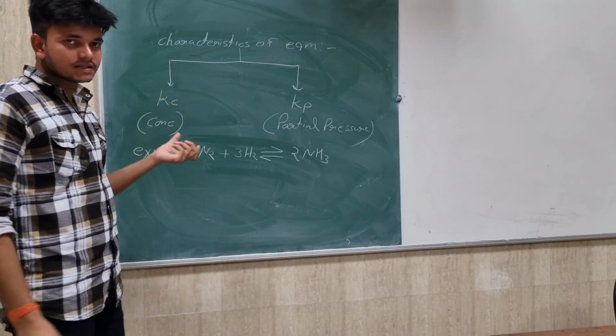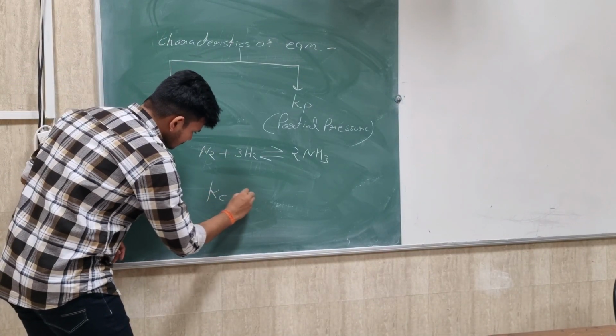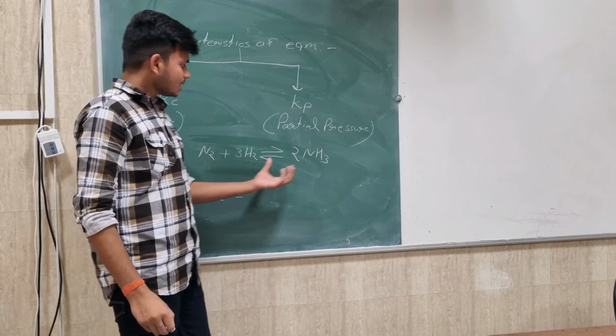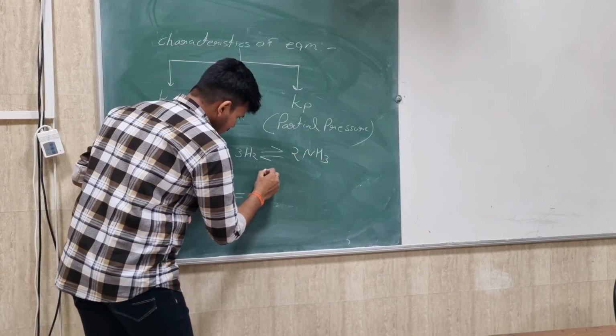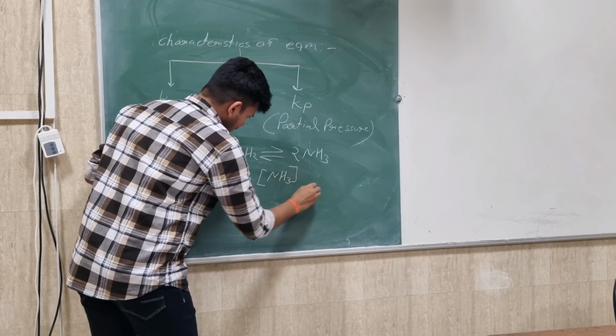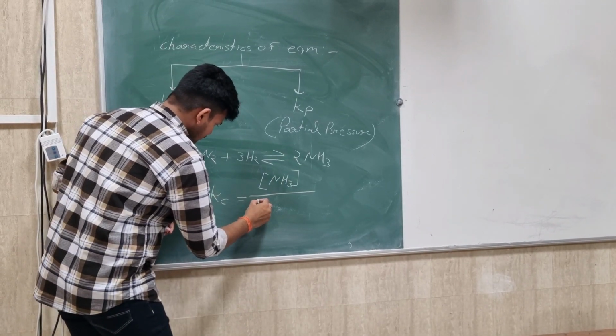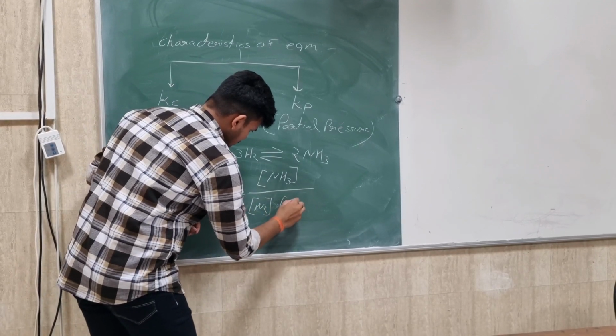We can write here Kc. Okay? So we know what is the Kc. Kc is the concentration of product divided by concentration of reactant. Here the concentration of product is the NH3 divided by concentration of reactant, concentration of N2 and concentration of H2.